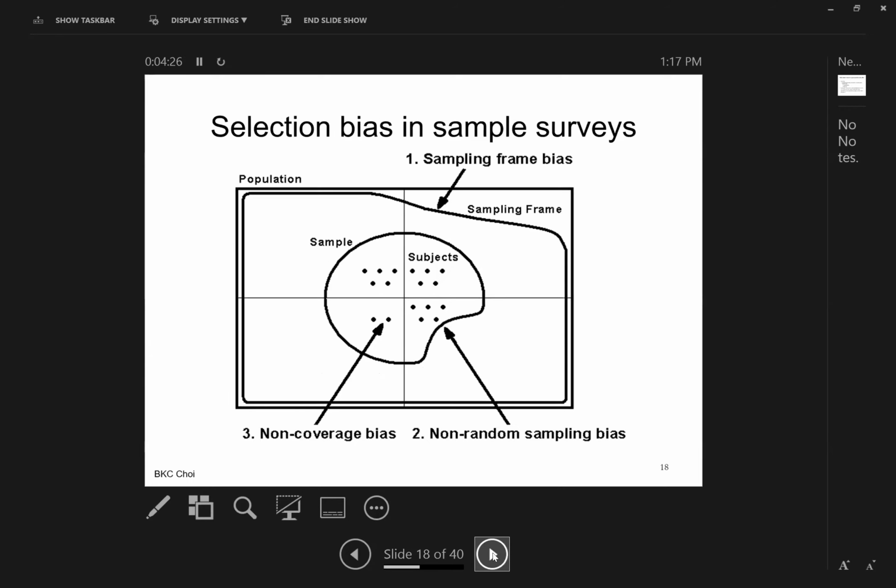So here is a nice graphic showing how your sampling frame itself can be biased. Let's say, for example, you were to use a list of voters to do your sampling.